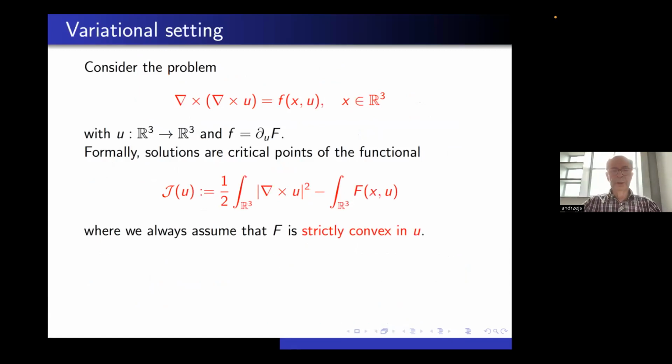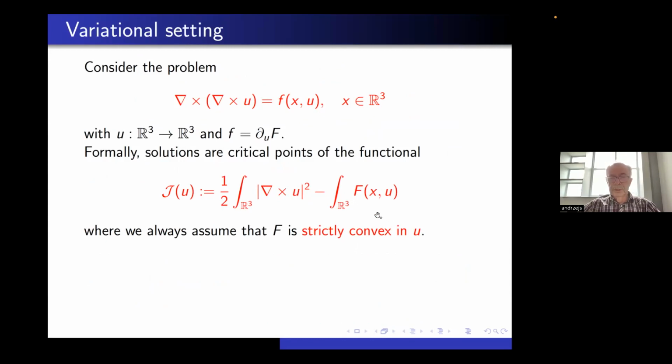So now let me introduce the variational setting for the problem. Now I suppress V, either V is 0 or it could be included in F. So I have this equation, and u goes from R3 to R3, and f is the gradient of F, of capital F. So formally, the solutions are critical points of this functional.